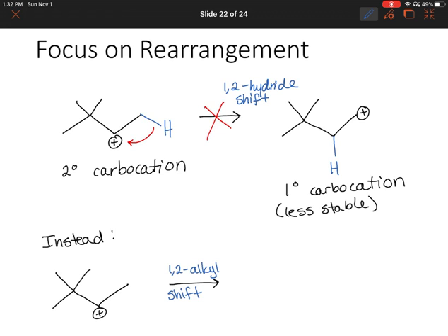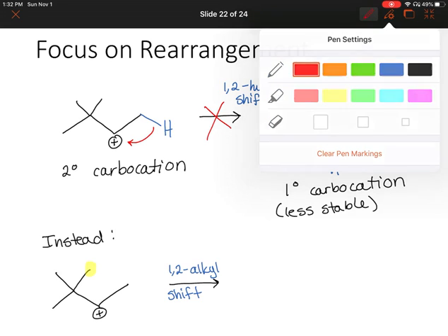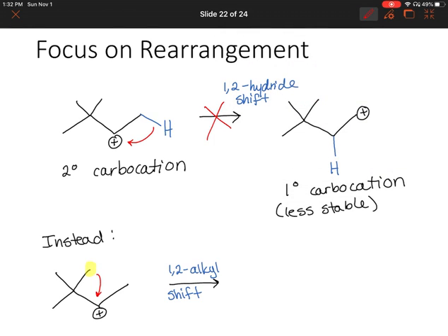Let's say it's this one up here. And when we do that, we end up with a methyl group on that secondary carbon. So it actually becomes a tertiary carbon. And then we lose a methyl group on that quaternary carbon. So it becomes a tertiary carbon. And because we lost a methyl group there, we get a positive charge.